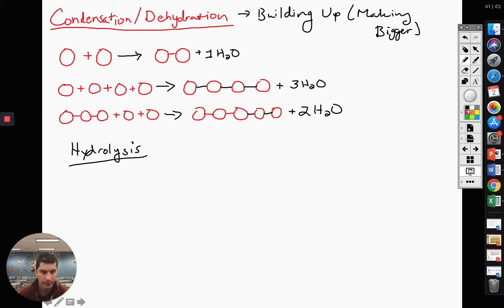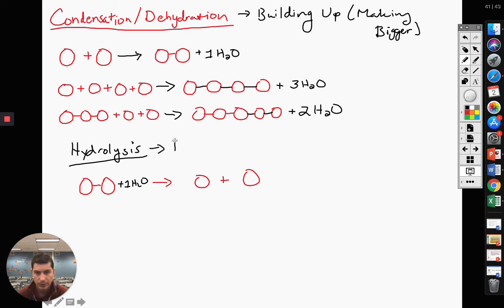Let's do a hydrolysis one now. I'll just do the easiest one here, kind of like we did above. If we are going to break this one apart, we are going to break that apart. And how many bonds did we break? 1. Okay, we broke this bond right here. So instead of the water being in the product side, we are going to need 1 water molecule to break that.